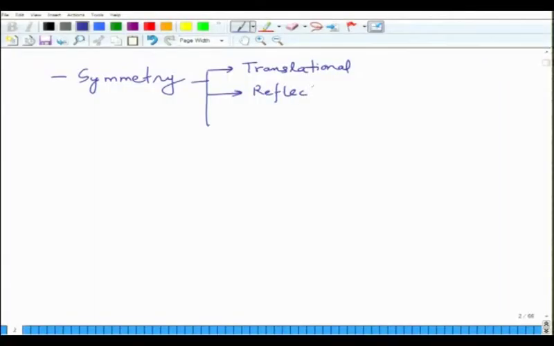So translational symmetry, then we have reflection symmetry, then we had rotation, and then we had inversion. Okay. So these 4 symmetry operations basically complete it.